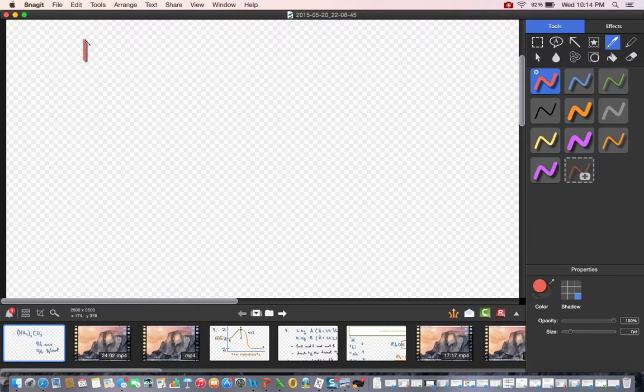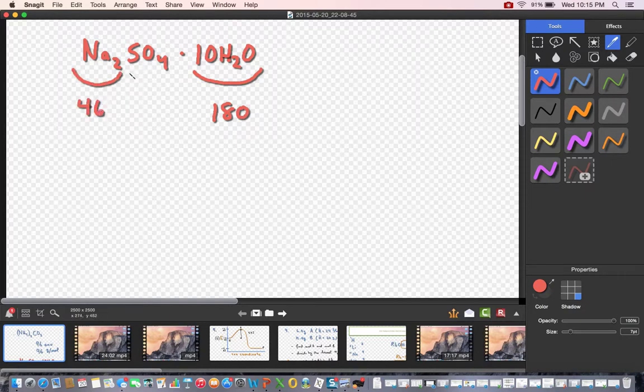So when I have Na2SO4 decahydrate, I know water has a mass of 18, 16 plus 1 plus 1. And when I multiply that by 10, that piece becomes 180. This piece becomes 46. The sulfate becomes 96.